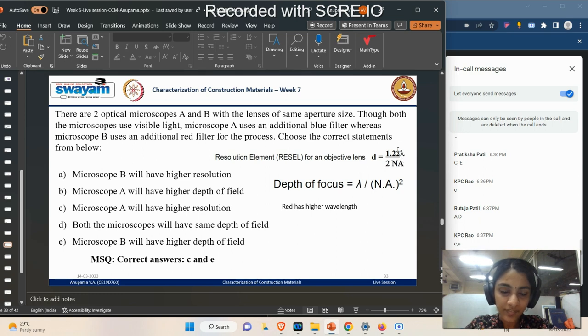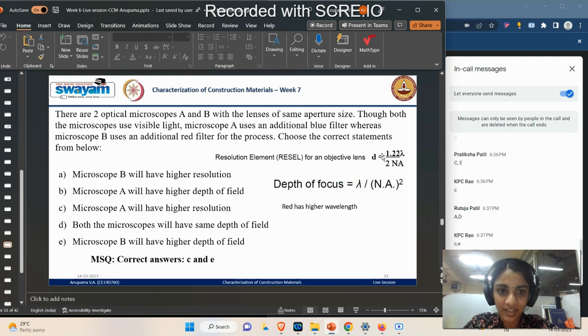So when B has a red filter, the numerator of D will be higher for microscope B. When D is larger, that means that the resolution is not so good. We need D as minimum as possible. Blue has a lesser wavelength, which means that D of blue will be lesser than D of red, which means that the one which is having a blue filter will be having a higher resolution.